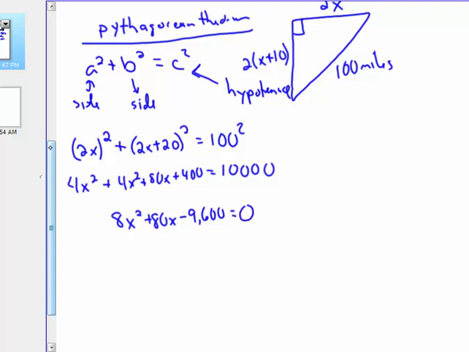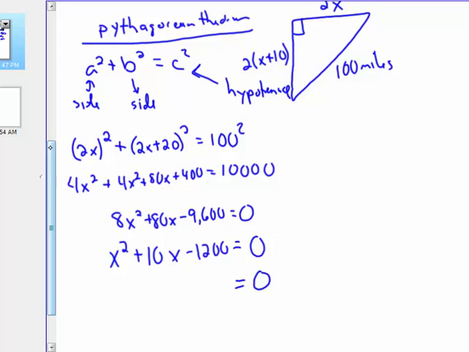Looks like I can here, because if I divide by 8, I get 8 divided by 8 is 1. 80 divided by 8, yep, that works. And 9,600 divided by 8, yes, that would work as well. Right. So that's what I'm going to do. If I divide everything by 8, I get x squared plus 10x minus 1,200.